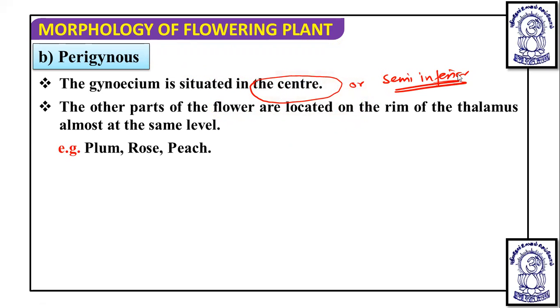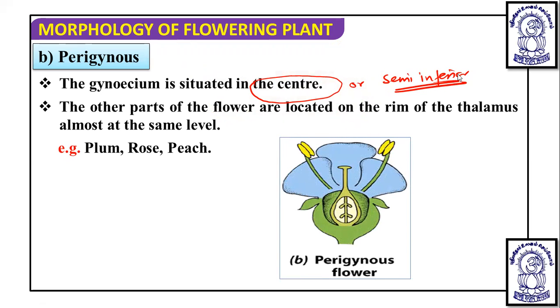Plum, peach, and rose are the flowers in which you will see the perigynous flower or a semi-inferior ovary. In this perigynous flower, you can see that this is the pedicel, and this pedicel is getting elongated. This is the thalamus.